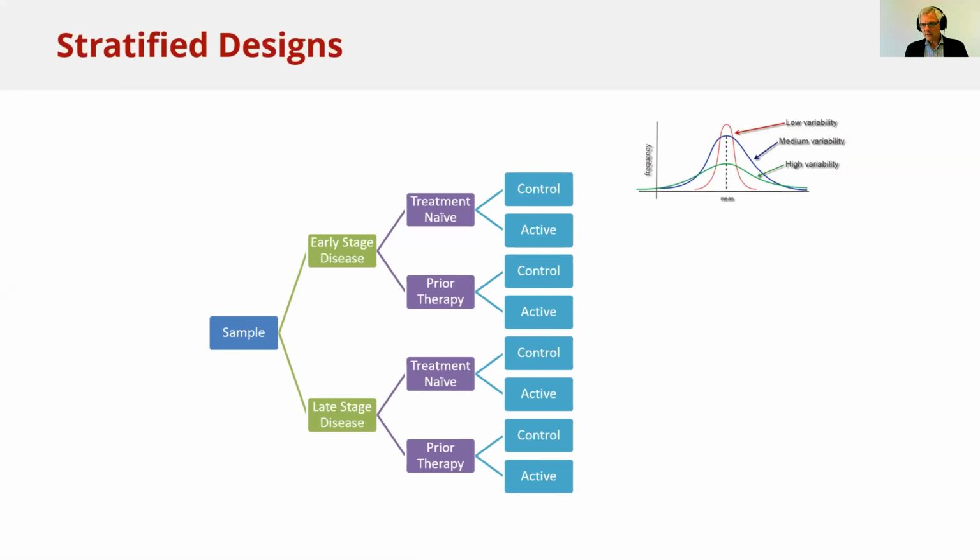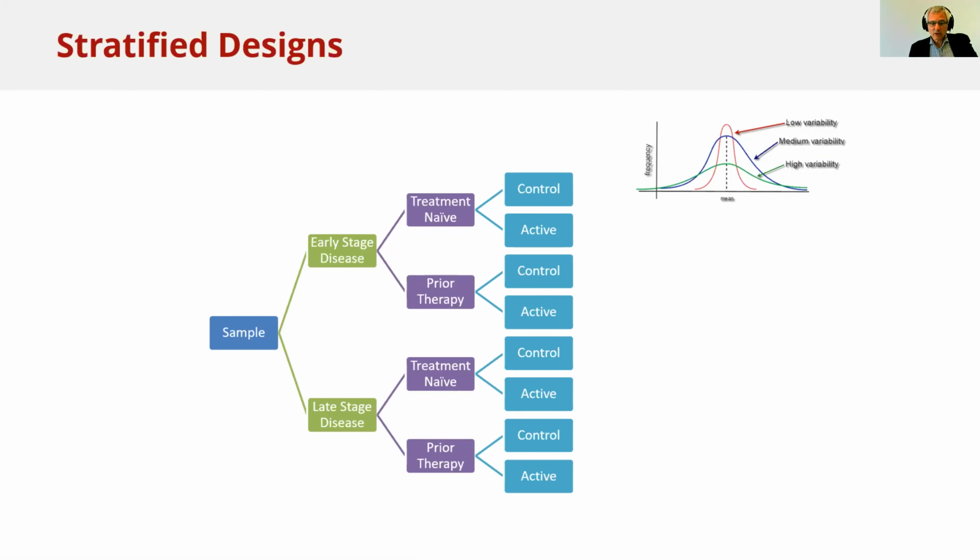I have on this slide a reminder up in the upper right corner that our objective as statisticians at this stage in designing your study is to decrease variability. Stratification does this by, at baseline, separating your sample by baseline characteristics such that the variability of the outcome is lower in each group than it is in the combined group.